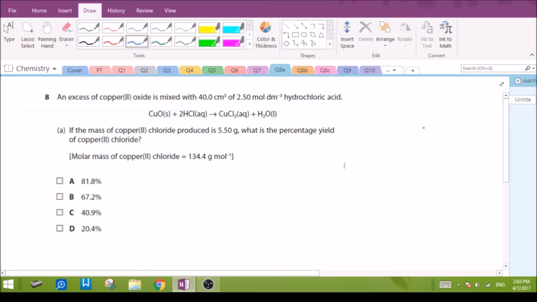Number 8. Excess copper oxide is mixed with this volume and concentration of hydrochloric acid, and we have a yield of 5.5 grams of copper chloride. What is the percentage yield? First of all, let us start off with the hydrochloric acid.